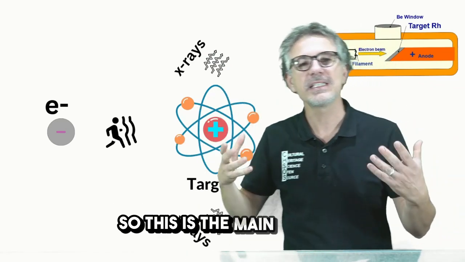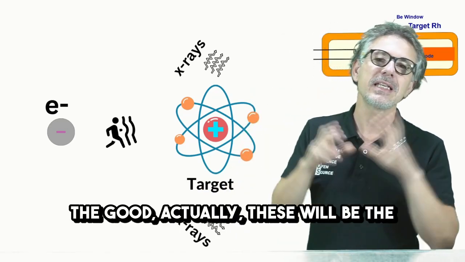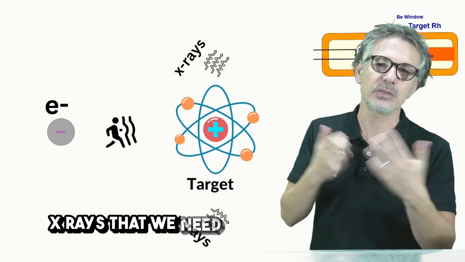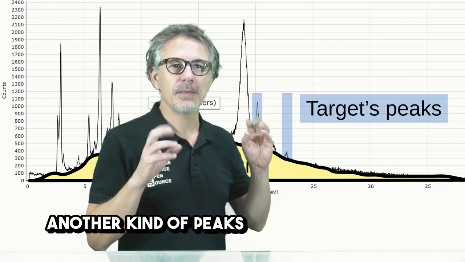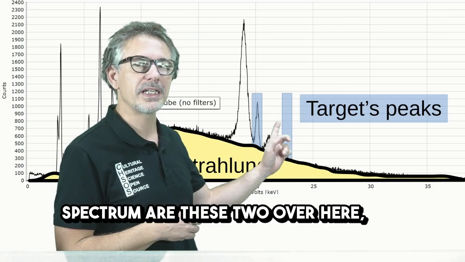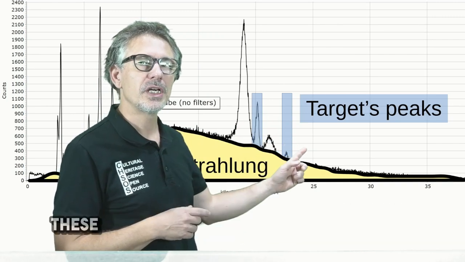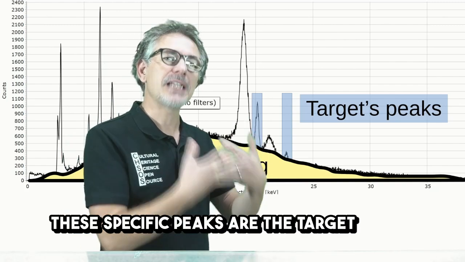So these are the X-rays emitted from the tube by the Bremsstrahlung effect, and they cover a broad spectrum. This is the main source, actually, these will be the good X-rays that we need for the measurement. Another kind of peaks that we have in our spectrum are these two over here, 1 and 2. These specific peaks are the target peaks.